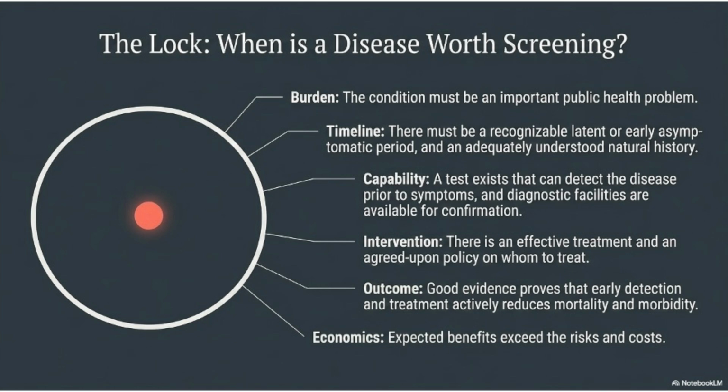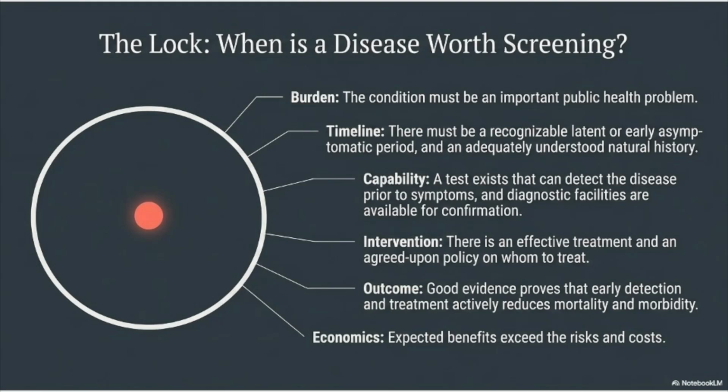Fourth, the disease should have a recognizable latent or preclinical stage. This is perhaps one of the most important criteria. There must be a period during which the disease is detectable by screening but has not yet produced symptoms. This window provides the opportunity for early intervention.